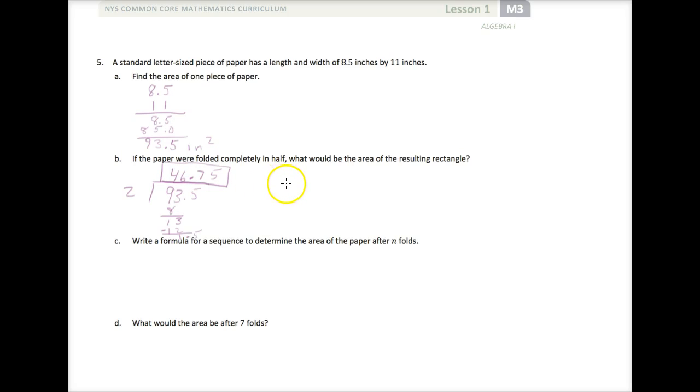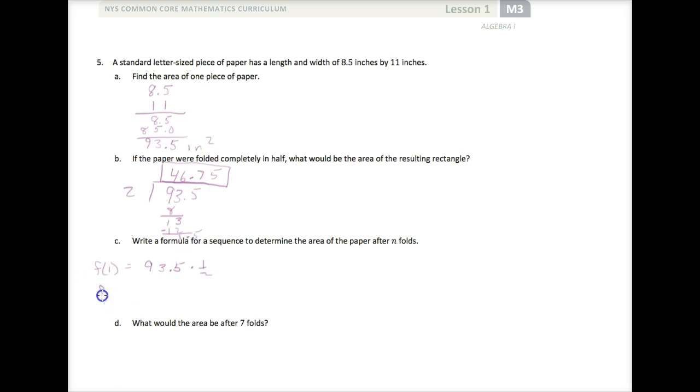If we were to fold it in half again, it says, what's the sequence to determine this. So what happened was, for the first fold, f of 1, we multiplied 93.5 times 1/2.